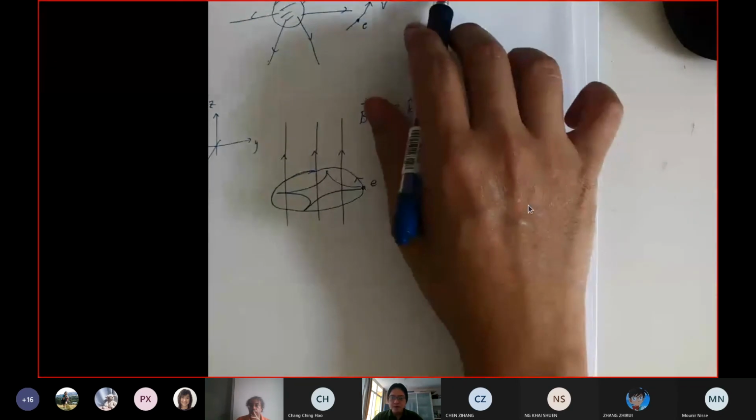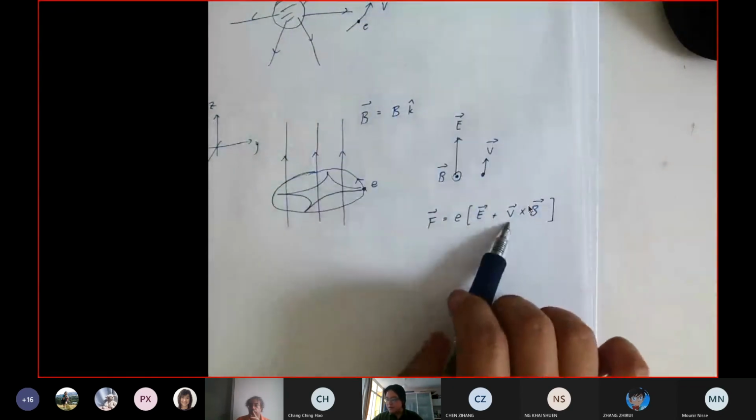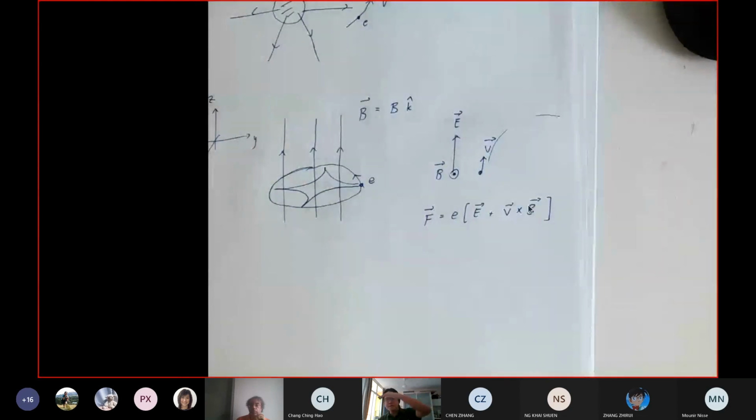But if you accelerate more, then v will grow, the magnetic field will start to play a role, and it will curve the particle.